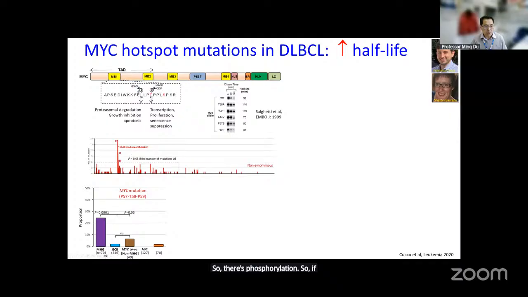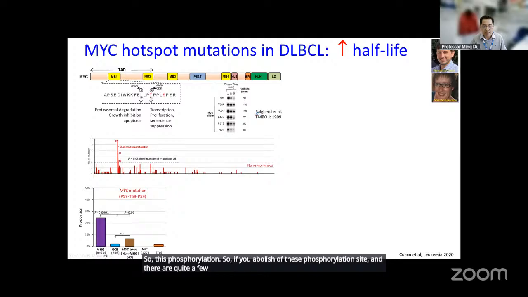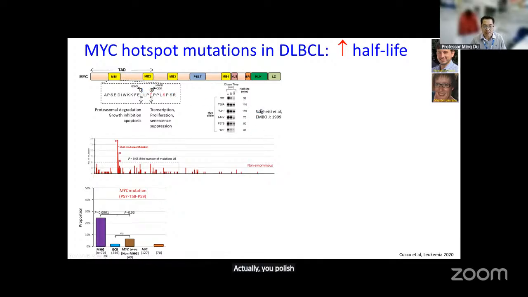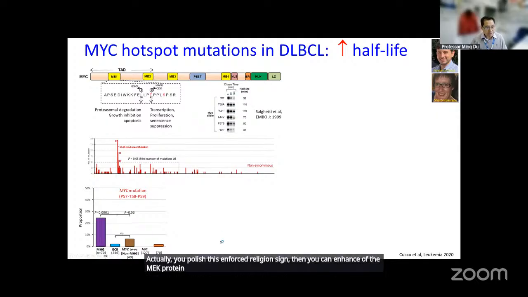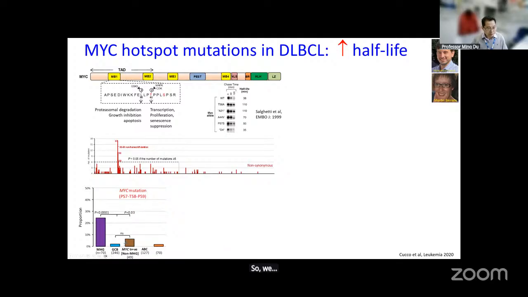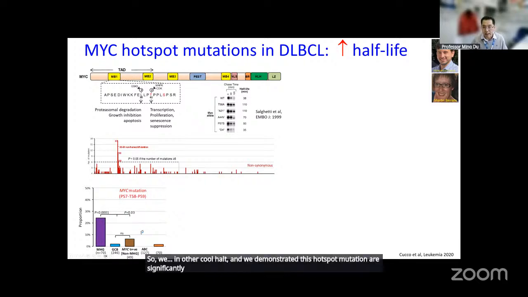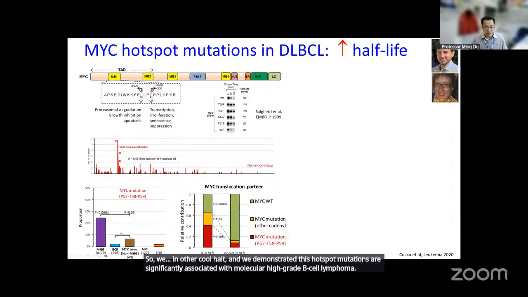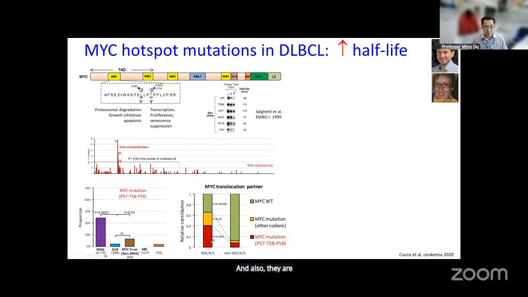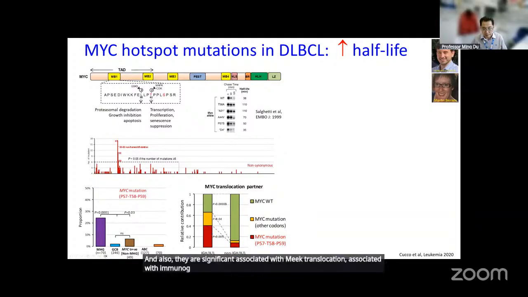If you abolish this phosphorylation site, as shown in quite a few nice studies in the early literature, you can enhance the MYC protein half-life. In our cohort, we demonstrated these hotspot mutations are significantly associated with molecular high-grade B-cell lymphoma, and also significantly associated with MYC translocation associated with immunoglobulin, either heavy chain or light chains.